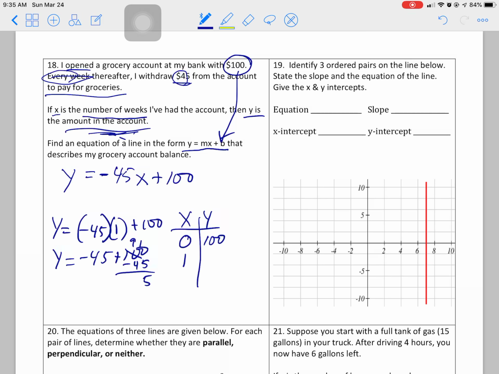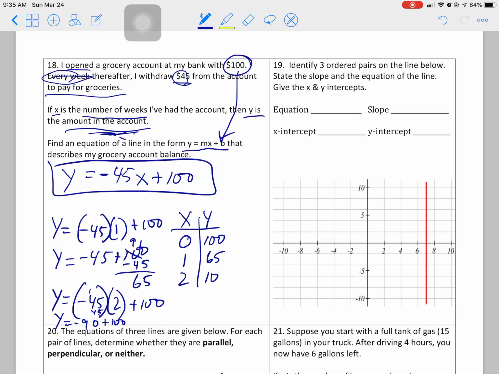So I have $65 left in the account. Second week, I'm not going to last very long. If I put in a 2, y equals 45 and 45 is 90, plus 100 is 10. So I have $10 left in my account after 2 weeks. But that shows you that that is the correct answer. Okay?